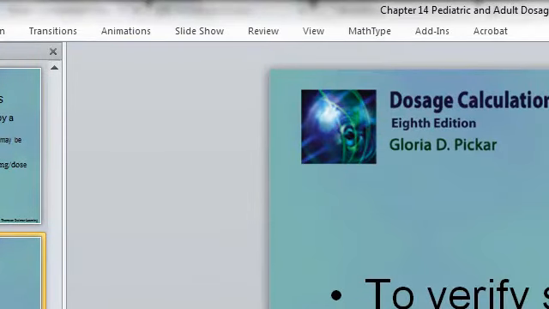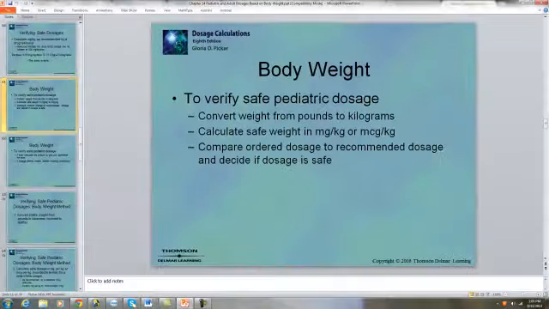To verify safe pediatric dosage, convert the weight from pounds to kilograms, calculate the safe weight in milligrams per kilogram, and then compare the ordered dosage to the recommended dosage, and then decide if the dosage is safe.